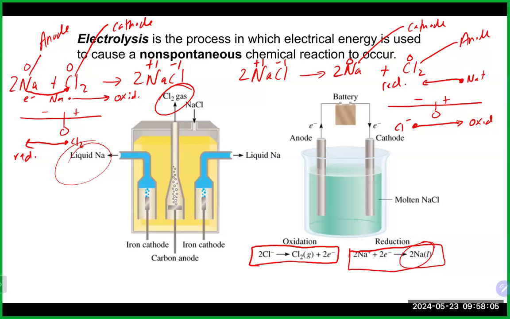So you could do the electrolysis by adding some type of electrical energy to break apart something that normally doesn't happen. And again, sodium chloride normally does not break back apart unless you do some type of chemical change, which is what this is.